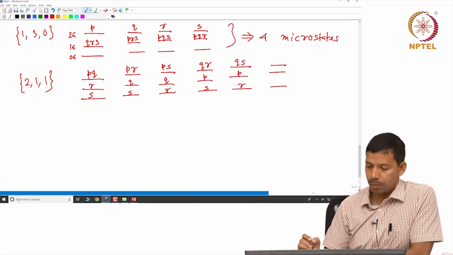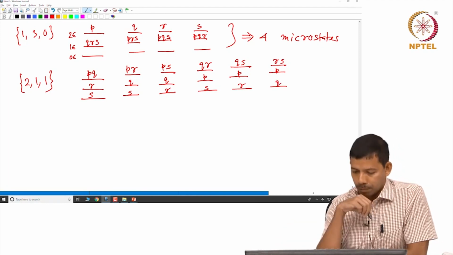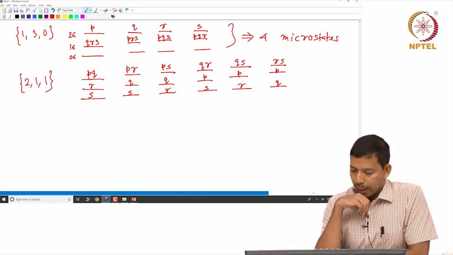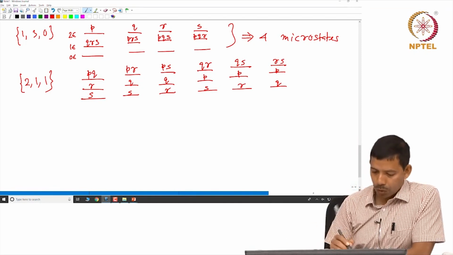We also have RSPQ. Do you have other states? Yes. So these are 6 microstates.